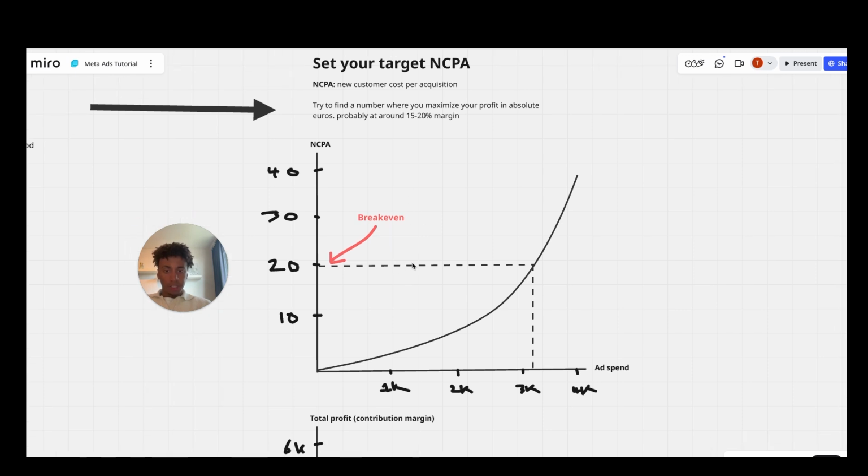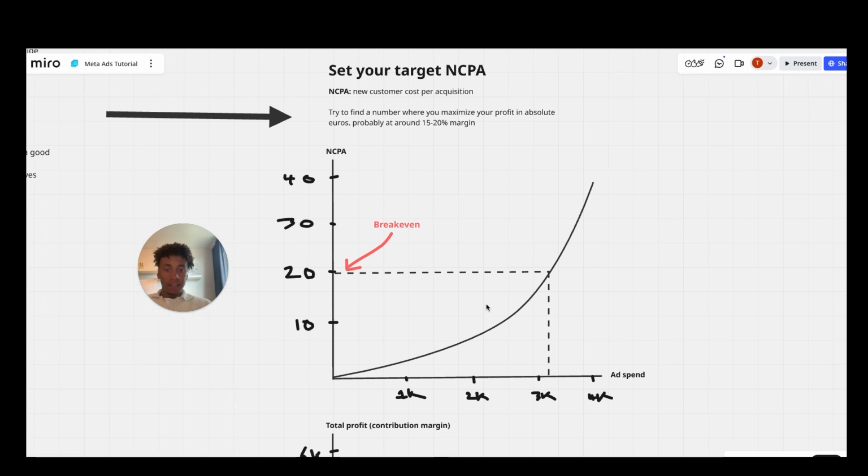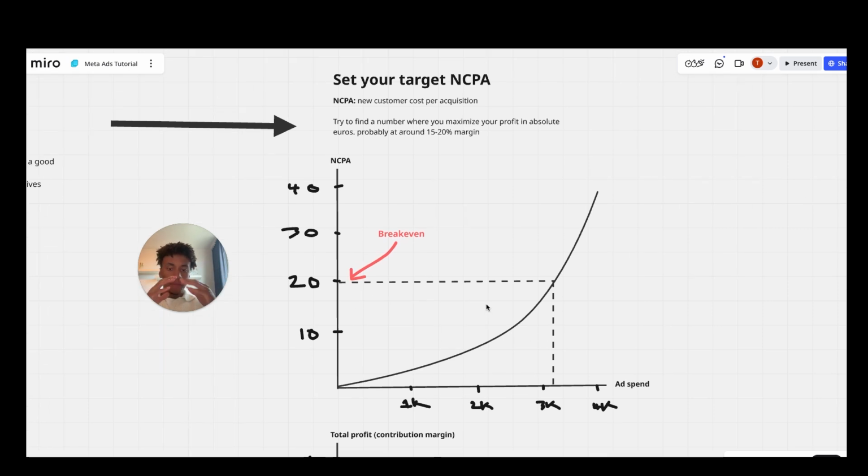So first, what you need to understand is that your NCPA will increase whilst your budget increases. And this is why: in the beginning, if you only have a little amount of ad spend, your ads will reach a very warm audience. So these are people that are ready to buy your product. And so Facebook will just distribute your content to these people and they will buy.